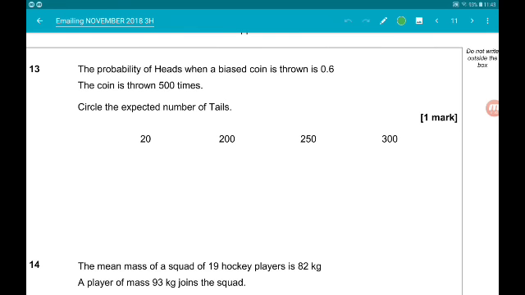So, here we want the probability of tails. Well, if the probability of heads is 0.6, this then is 0.4. So then we do 0.4 times 500, and that gives us 200.